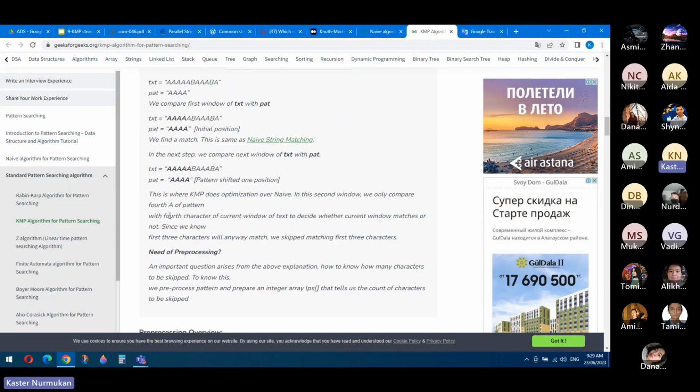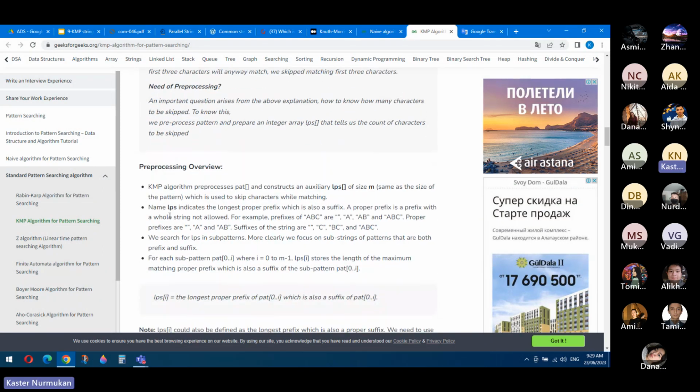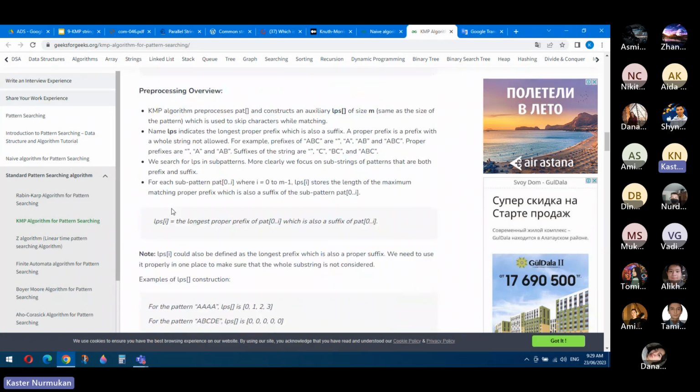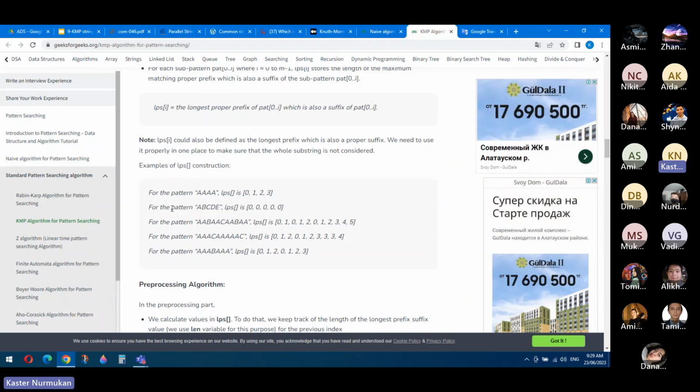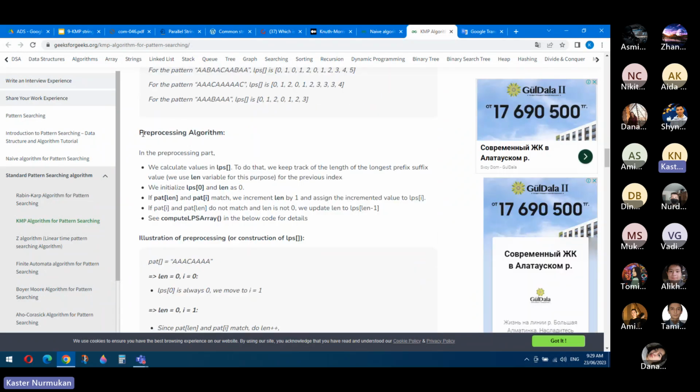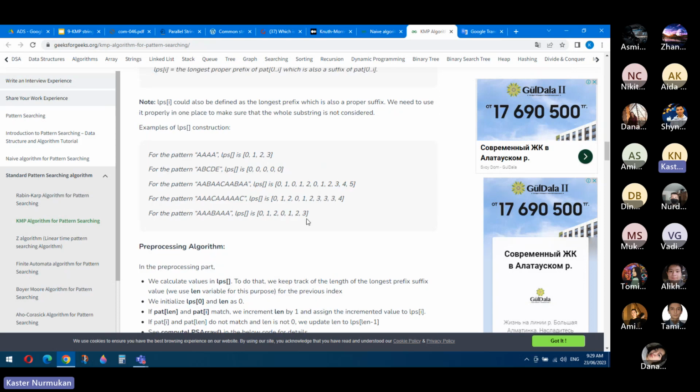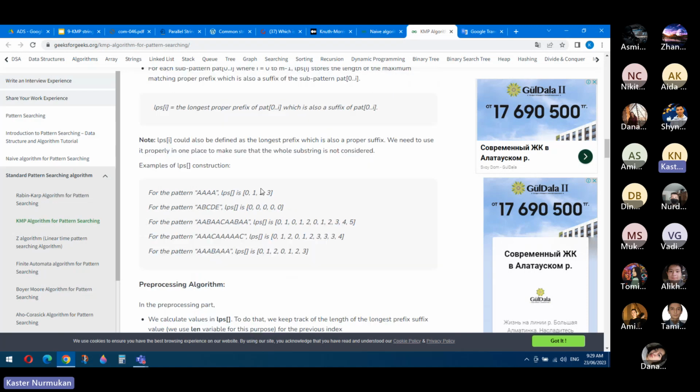And the algorithm itself has some preprocessing. Let me explain what the preprocessing algorithm is. There is one thing you need to do, which is to identify how many times, for example, a suffix-prefix matching string exists.